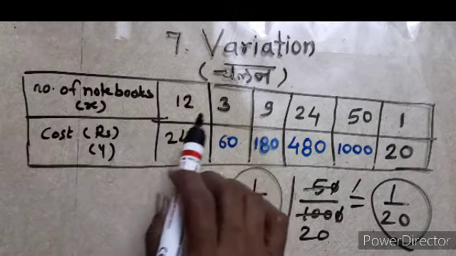Now we are going to solve questions from practice set 7.1. First question, write the following statements using the symbol of variation. What is given? Circumference, that is denoted by letter C, of a circle is directly proportional to its radius r.